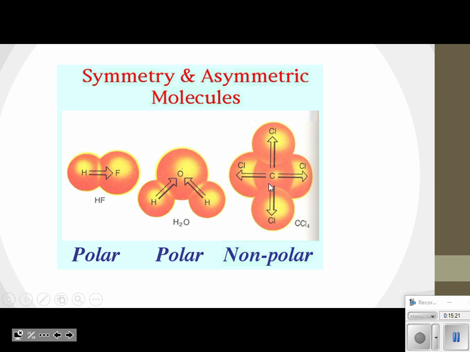Okay? If you look, all 4 of the chlorines are pulling the electrons towards them, right? So the net pull is going to cancel everything out because of the symmetry. So it must have polar bonds, number 1, and it must be asymmetrical molecule in order to be a polar molecule.